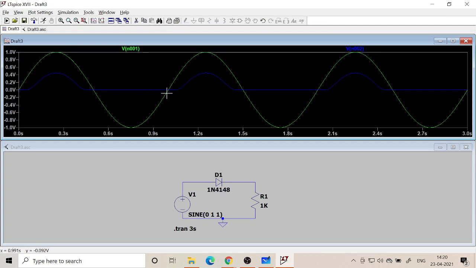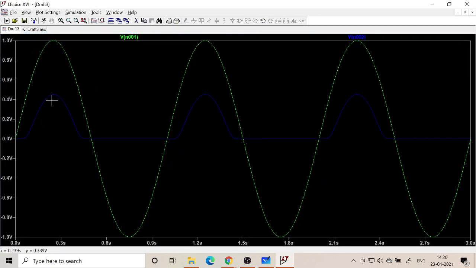If you enlarge it, it is slightly above 0.4 but less than 0.5, so maybe we can say it is 0.45. The peak here is 0.45 and this is 1. So 1 minus 0.45 is 0.55.